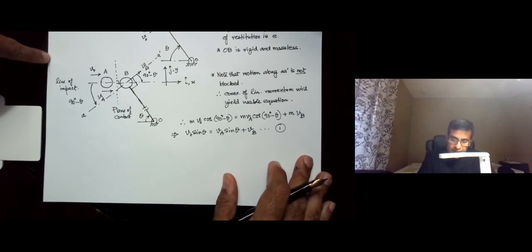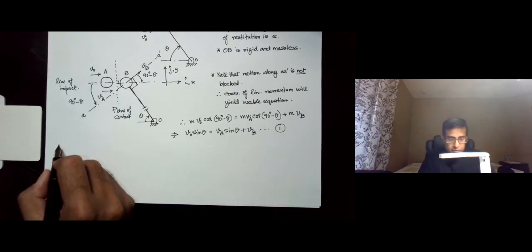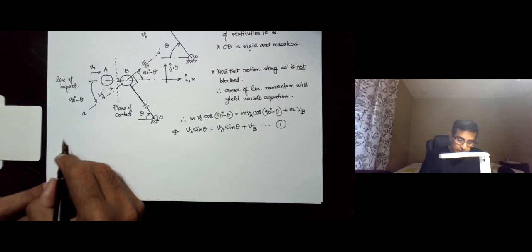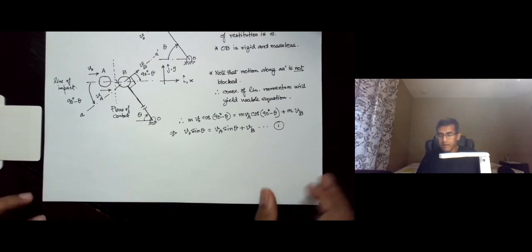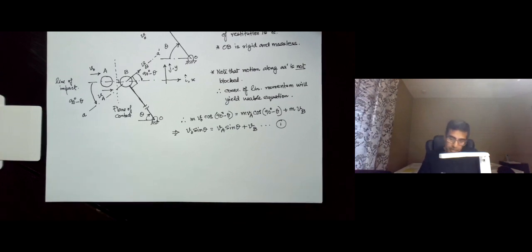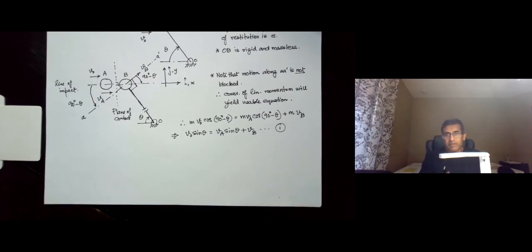Now the next equation is obviously the coefficient of restitution equation. When we apply the coefficient of restitution, keep in mind that it is a very local behavior that affects the relative velocities before and after the collision.